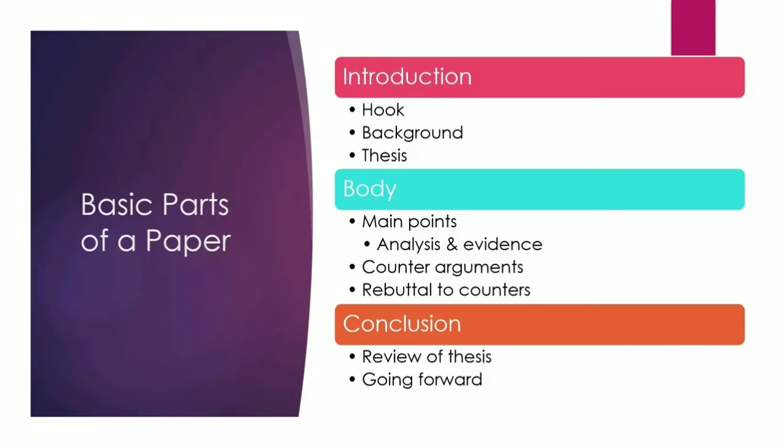The main points you have within the body paragraphs of your paper support the thesis. So within your main points, you need to make sure that you have enough details to help the reader understand how the point supports your thesis, and you want to make sure you have analysis and evidence. So with analysis, you're giving information, which would be your evidence, but you're not going to drop a fact and run away.